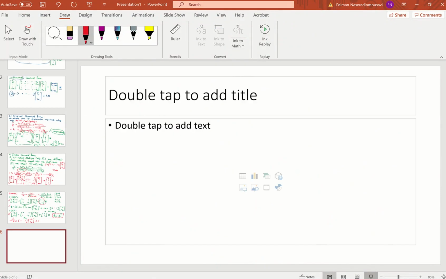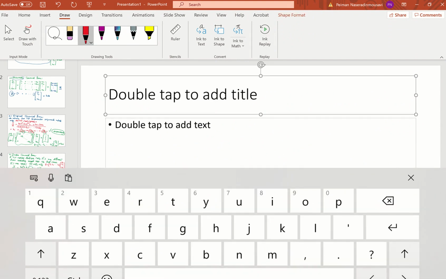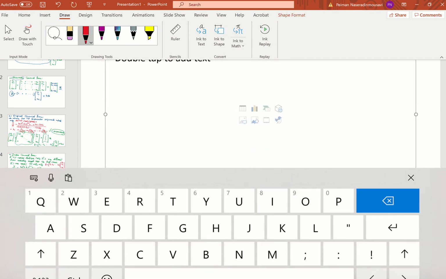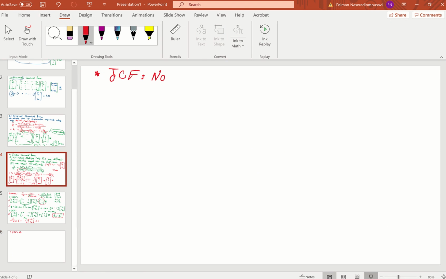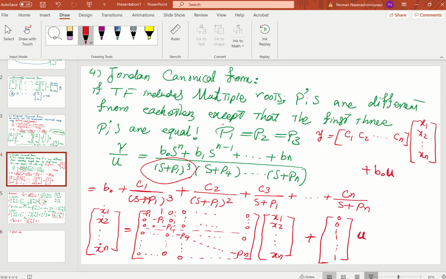Now my question is, can I generate the Jordan canonical form? The answer is no. Why? Because I taught you that the Jordan canonical form applies when you have repeated poles.